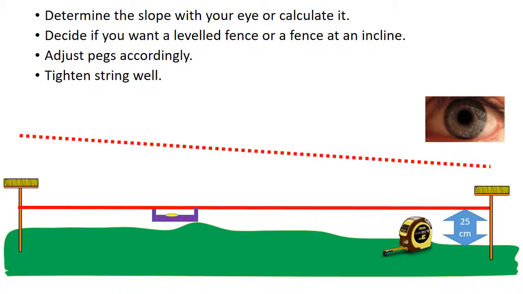Do you want your fence level, or do you want to have your fence at an incline? Depending on what you want, you must then adjust the peg, and after you have adjusted it, you must tighten it very well. The process you follow is basically the same as what follows now.